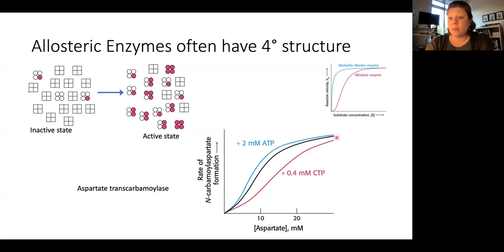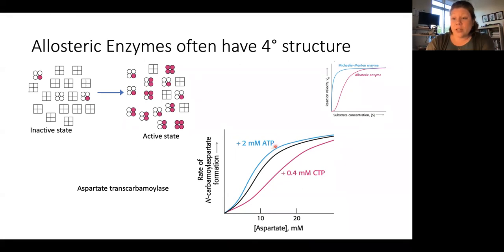But of course, we have the same Vmax because it's the same enzyme. So that jump here from being inactive to being active more quickly, right? Sort of the sharper S curve is suggesting that this ATP is helping increase the rate of reaction.